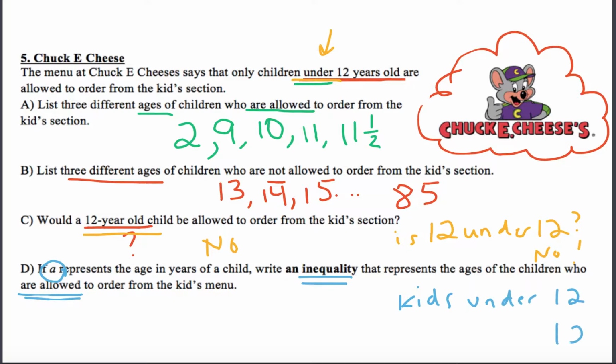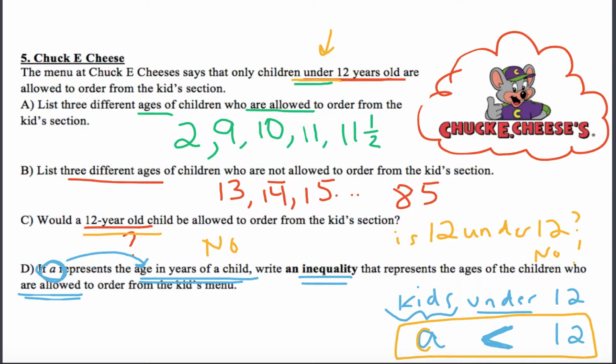So 12 is going to be part of our inequality. And the age in years of a child, they said, is represented by A. And notice how I circled that value. A, under. If you think about under, we're thinking about things that are less. So we can use the inequality symbol is less than 12 to represent this situation.